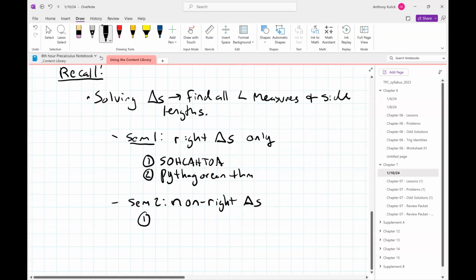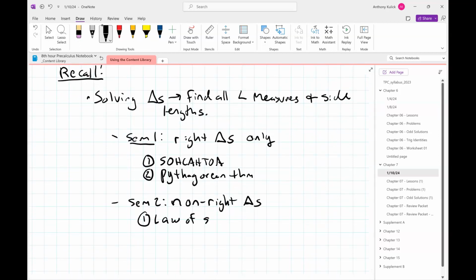Instead, the two tools that we're going to be using are the law of sines, which I abbreviate LOS, and the law of cosines, which I abbreviate LOC. We'll talk more about what those things are in a minute.